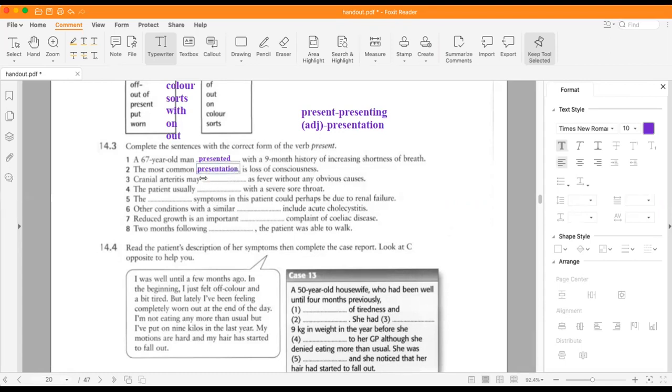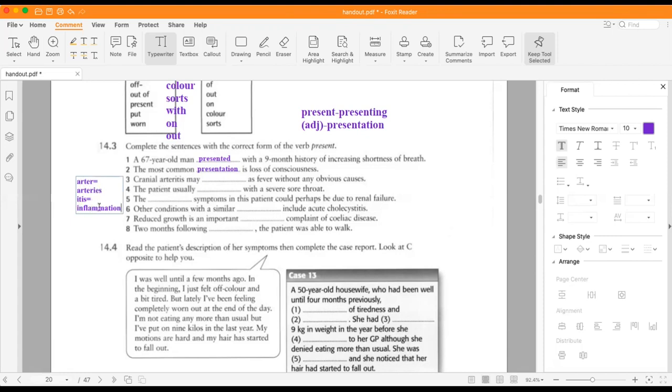Number 3, cranial arteritis. What is the meaning of cranial arteritis? As we said, in arteritis, the prefix arter means arteries, and itis means inflammation.